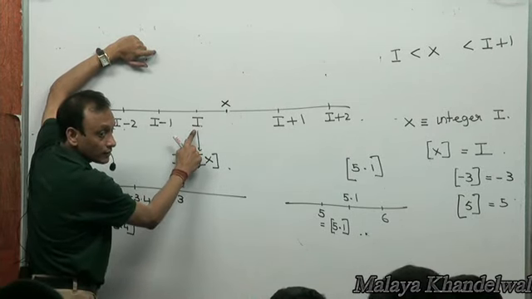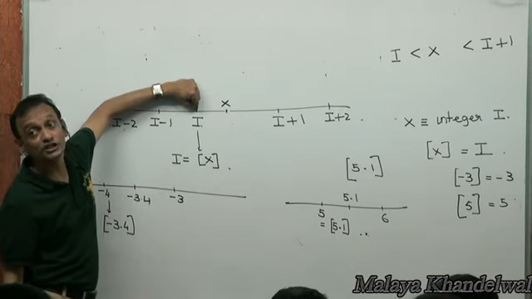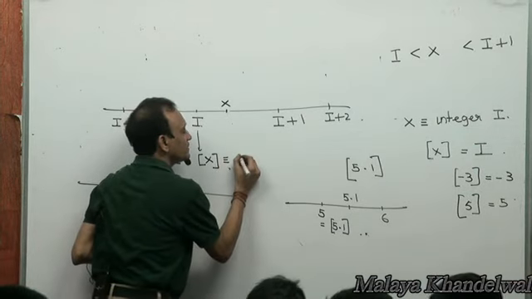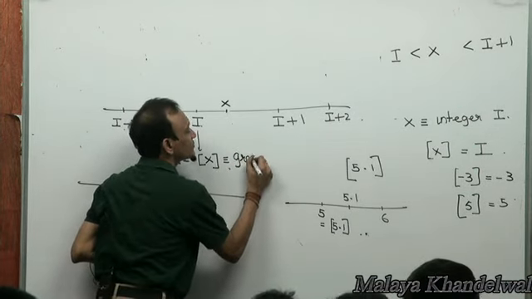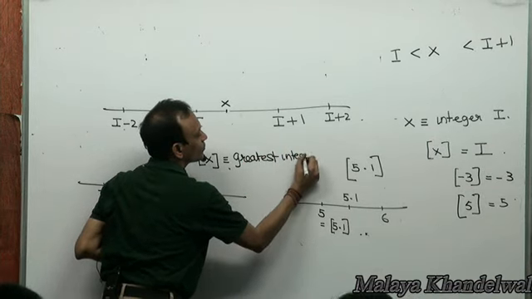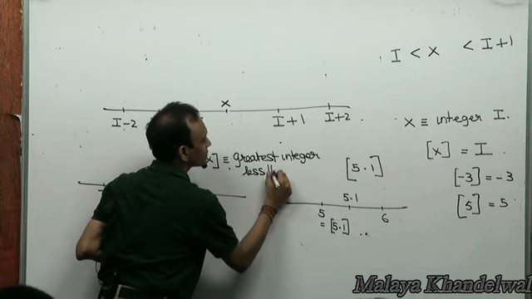I. Right? So box x is also defined as the greatest integer less than or equal to x.